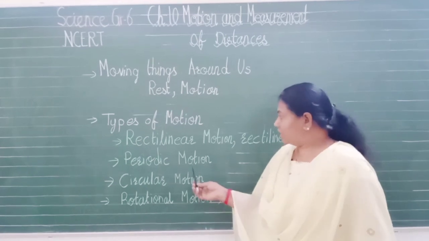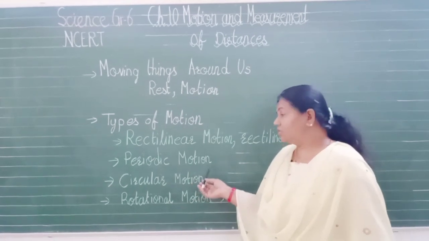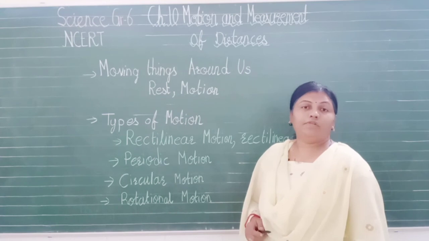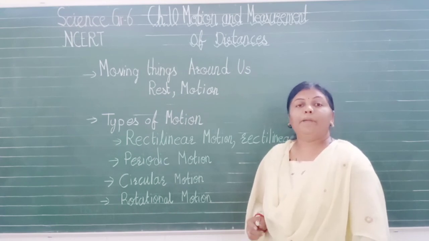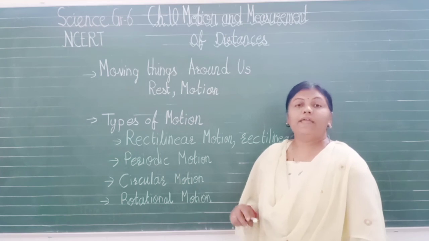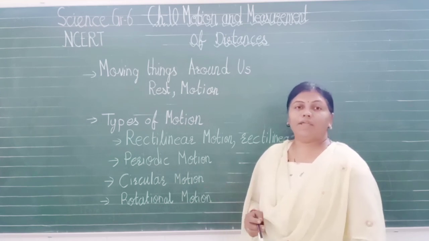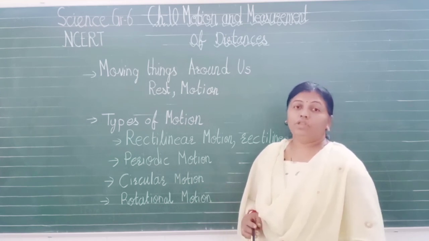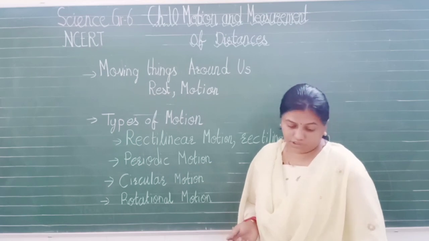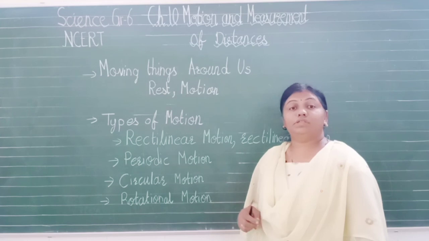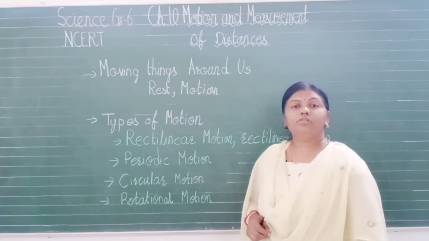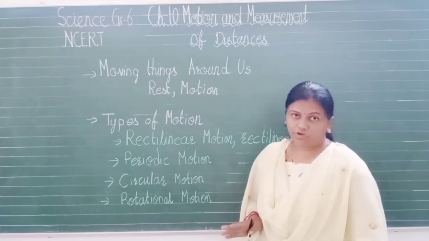Now some more examples of periodic motion. First of all, I have told you about the pendulum, isn't it? At a fixed interval of time it will move. Then motion of a swing, then even the string of a sitar will also give you a periodic motion.